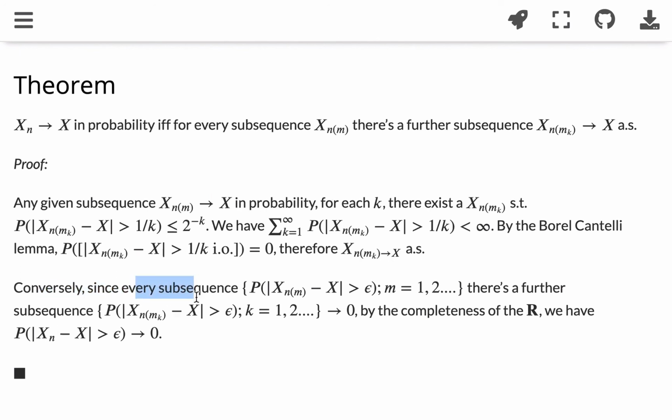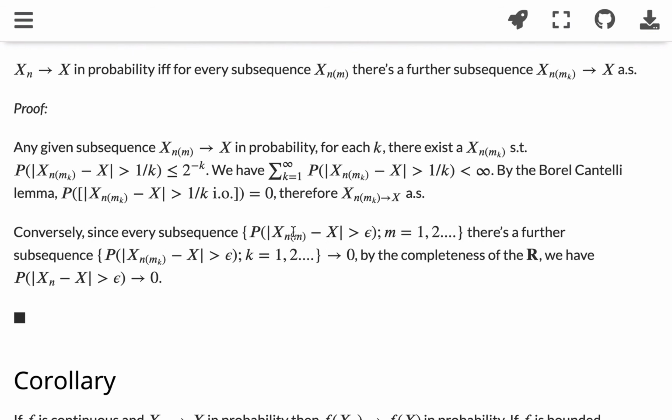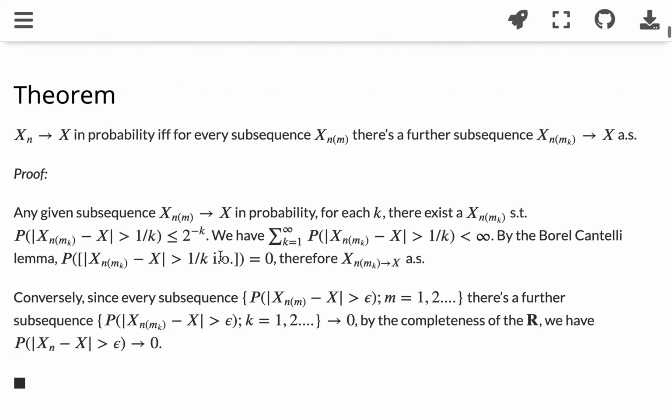Since every subsequence has a further subsequence that converges to 0, those are just numbers, right? So that's numbers on the real line. Then by the completeness of R, this number sequence converges to 0. So that's the proof of this theorem.